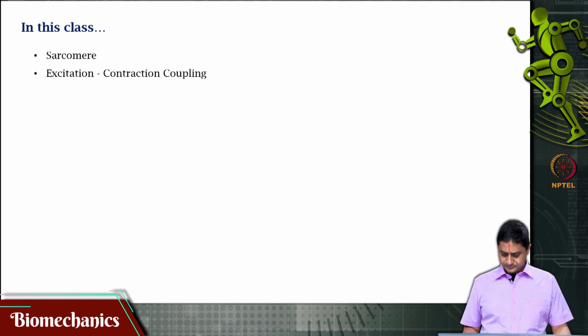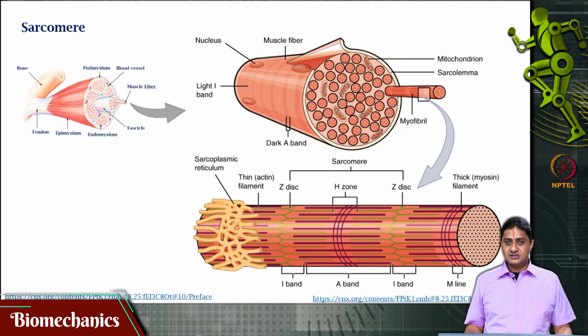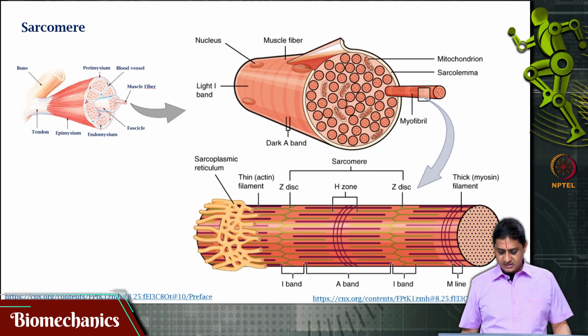So, we continue our discussion on muscles and the hierarchical arrangement of muscles. So, if you take a muscle fiber and if you subject it to a light microscope and you view, you will find there are these thick bands.